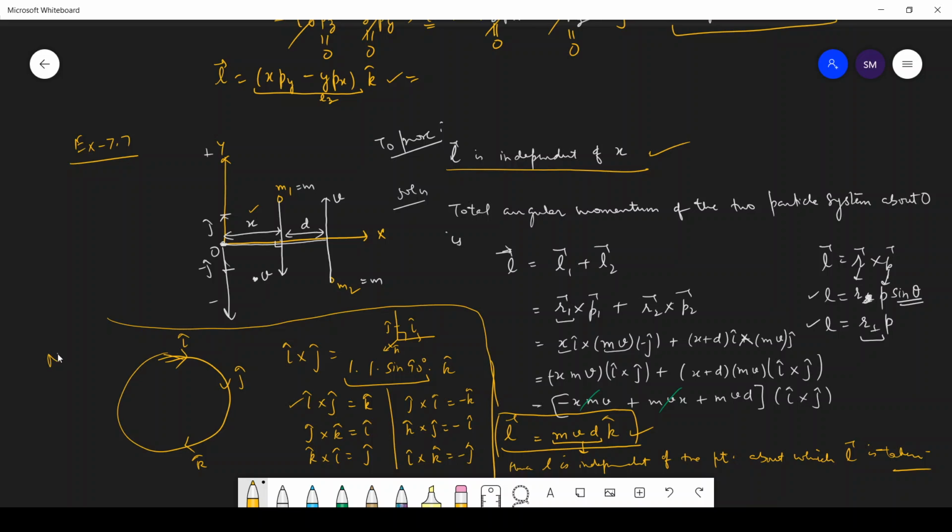That's just for your understanding. So you can write them separately as a note, this part. This also is a note. This you can write here because L is equal to R cross P.